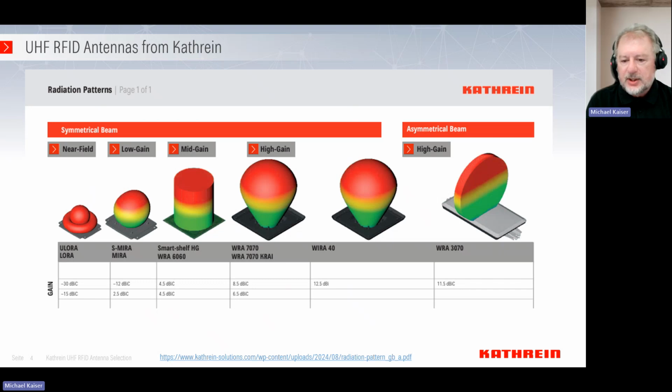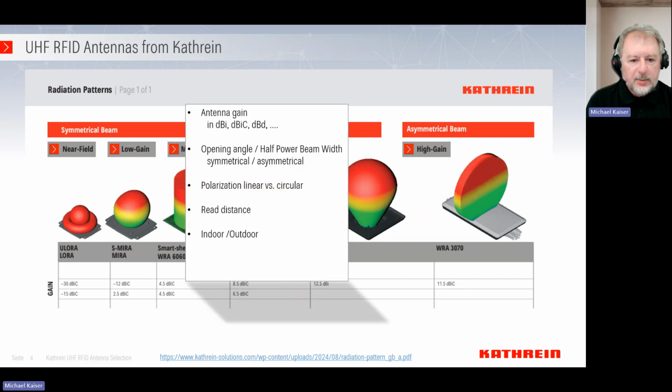With each product, each antenna, you see this comparison list where we have different parameters and also a kind of shape of the antennas, to give you an idea of how the antennas could look and work.